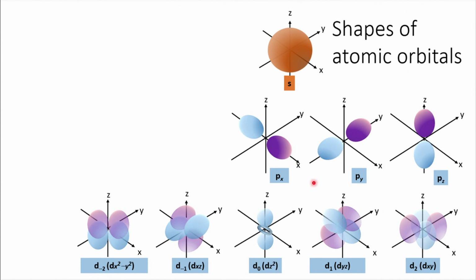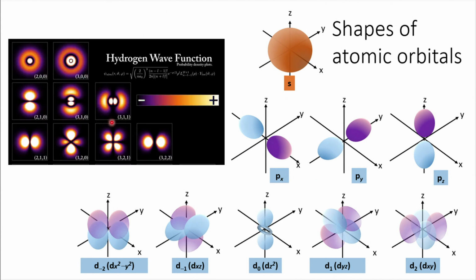Let us look at the orbitals' real structures using the hydrogen wave function. The numbers within the brackets are the quantum numbers n, l and m sub l. If you look here, 200, 300, these are the numbers we are looking at, and when n equals 2, that represents the 2s orbital.